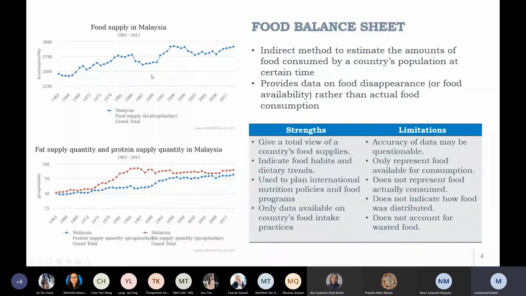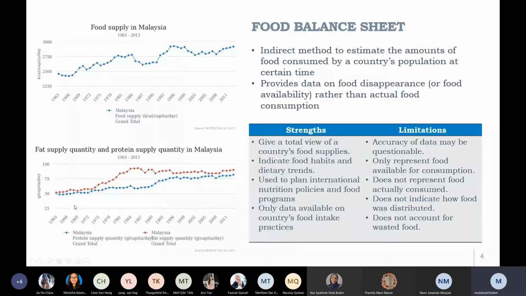per day. The second graph at the bottom shows the fat supply quantity and protein supply quantity in Malaysia. They have grouped certain foods into the fat group, and certain foods into the protein group. Fat will be mostly palm oil intake in Malaysia.